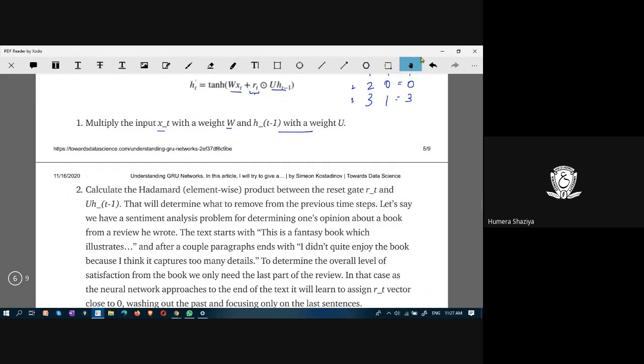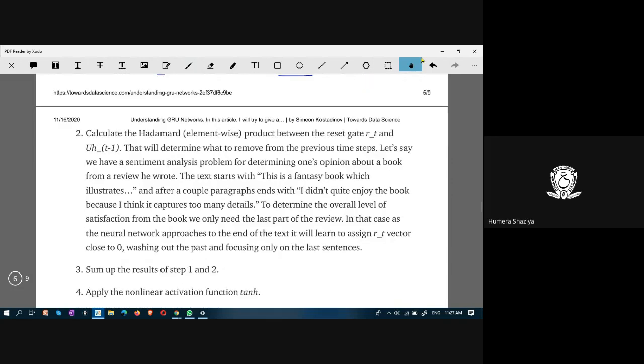This is the reset gate RT, element-wise product or Hadamard product with this part. That will determine what to remove from the previous time steps.